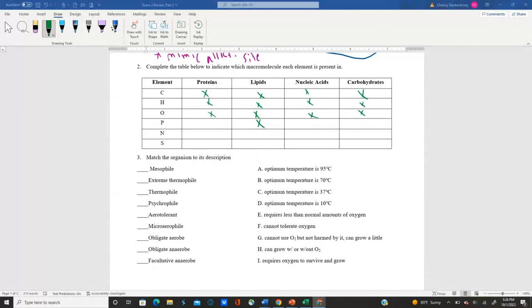Okay, so we know phosphorus are in phospholipids, okay? And so the reason. Okay, there we go. So phospholipids are key to plasma membranes, right?